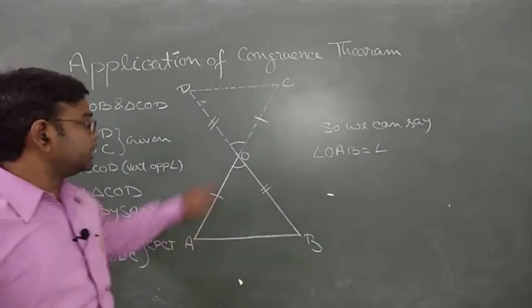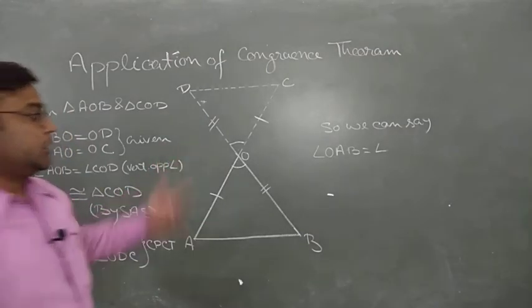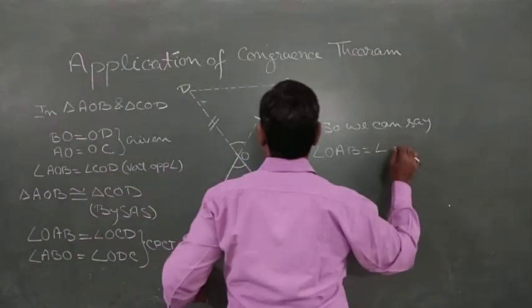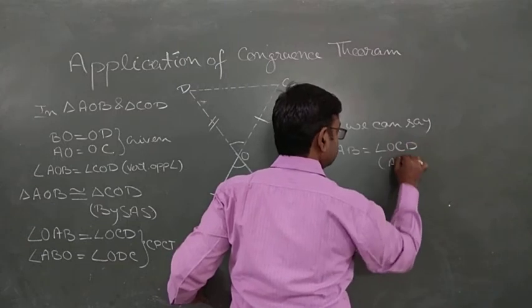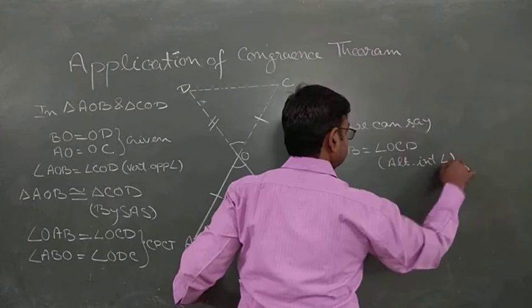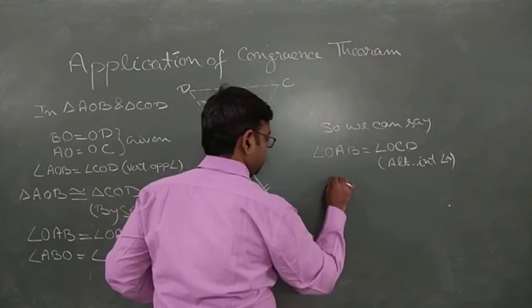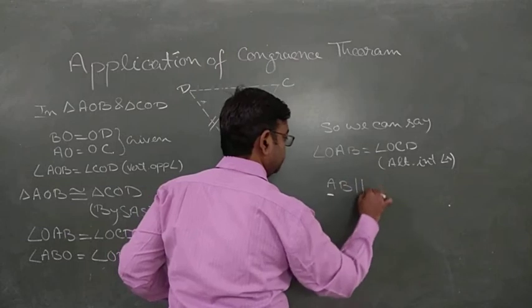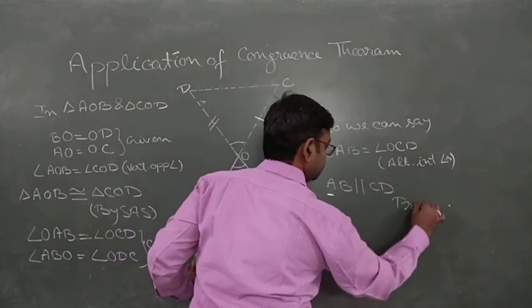If alternate interior angles are equal, then the lines are parallel. Angle OCD, alternate interior angles. So it's proved that AB is parallel to CD.